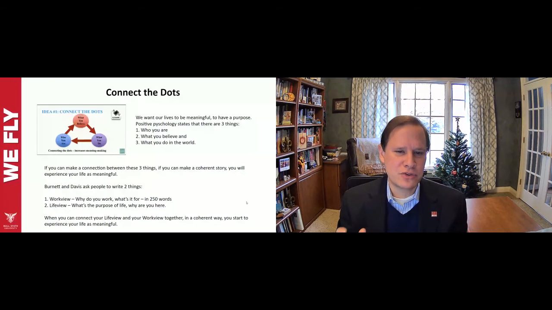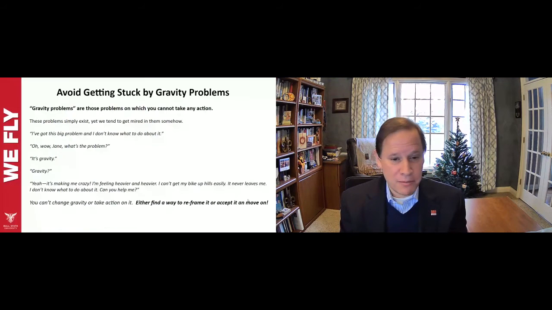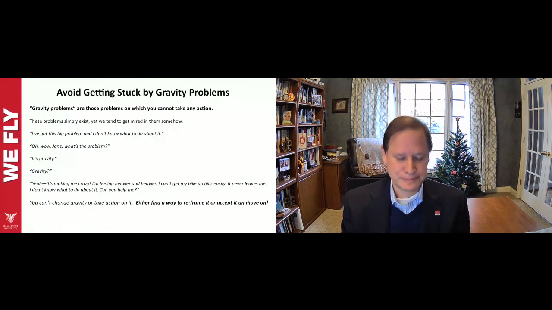How can you connect your life view and your work view together in coherent ways so that you can start to experience your life as meaningful? How can you make those connections? So that's the first thing that design thinking tells us can be really useful in figuring out how to live our lives in a multitude of ways that we will find meaningful and joyful.